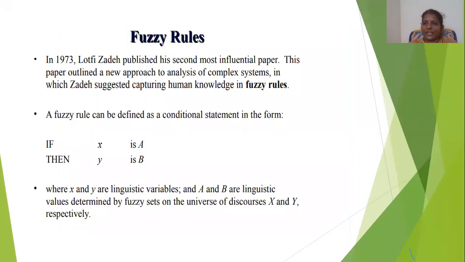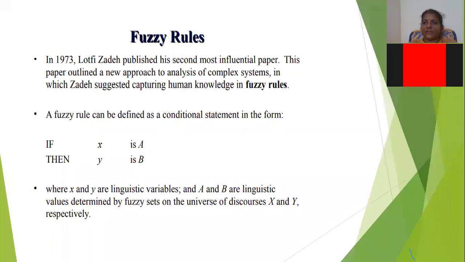In 1973, Lotfi Zadeh published his second most influential paper. In the first paper, he published fuzziness, fuzzy sets, fuzzy rules, fuzzy relations. In the second paper, he outlined a new approach.